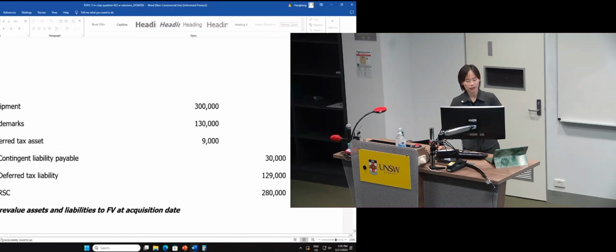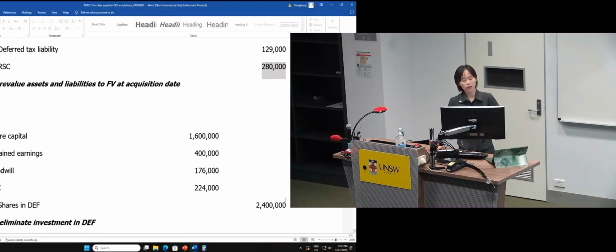So this is actually a combined entry, right? The benefit of using combined entries is we can easily figure out the RSC total balance. This is the subsidiary's pre-acquisition RSC balance, also the subsidiary's pre-acquisition equity balance.